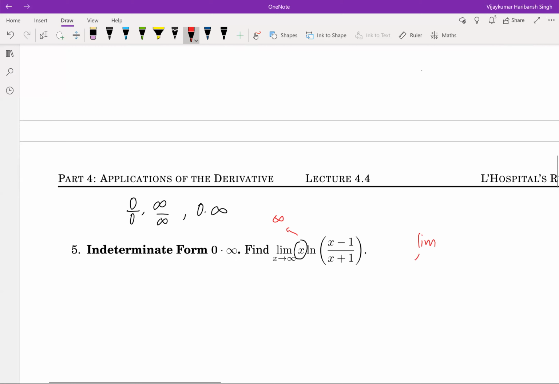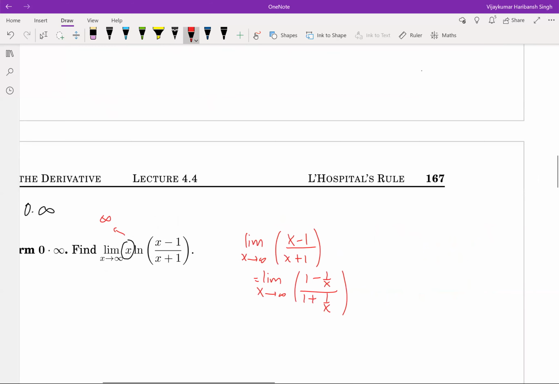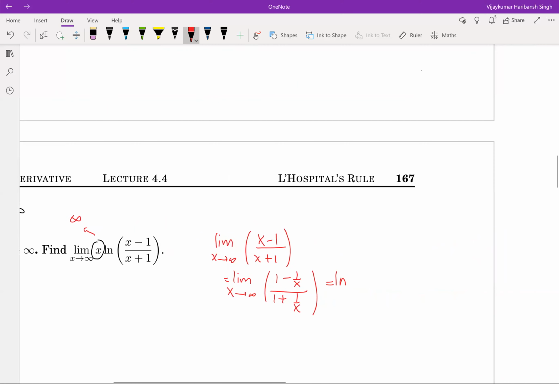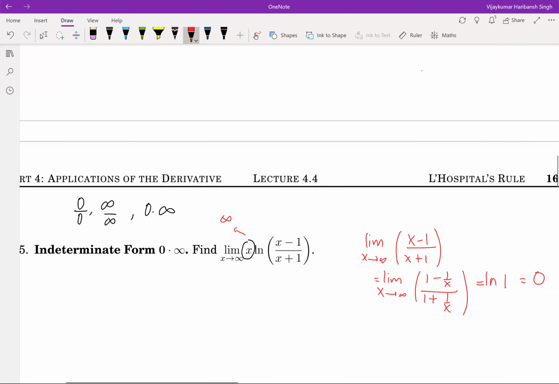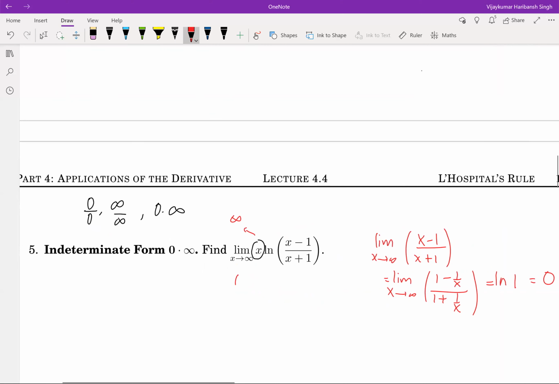The limit as x goes to infinity of ln of x minus 1 over x plus 1, which is the same as the limit as x goes to infinity of ln of (1 minus 1 by x) over (1 plus 1 by x), dividing inside by x in numerator and denominator both. So this is going to be ln 1, which is going to be 0. So clearly it's of the form 0 times infinity, right? Sorry, okay, other way around, right?